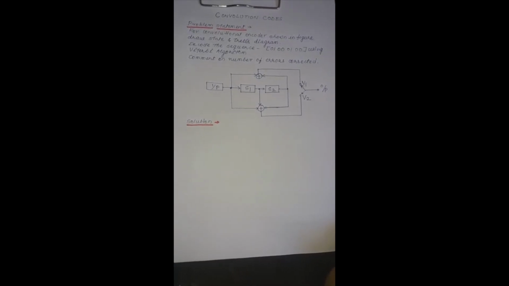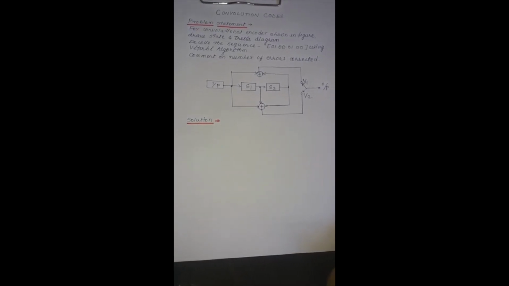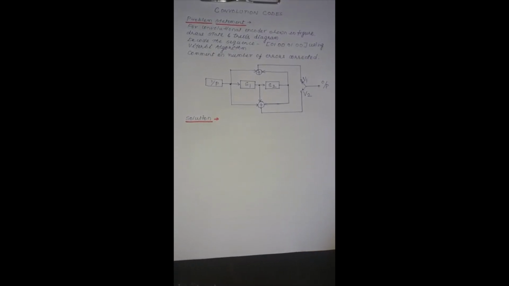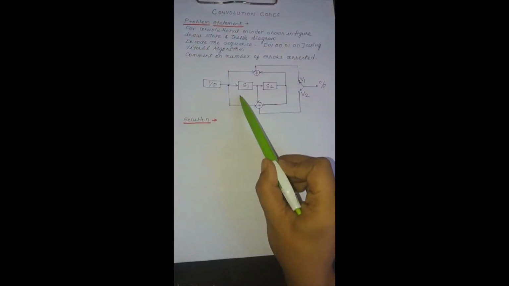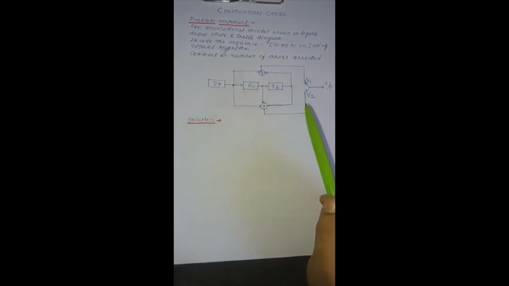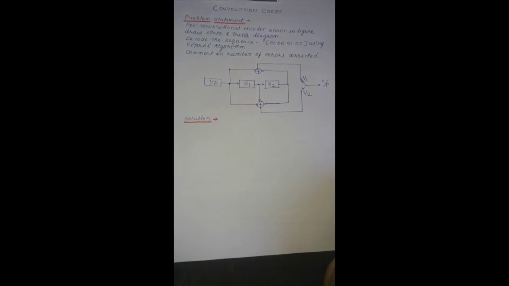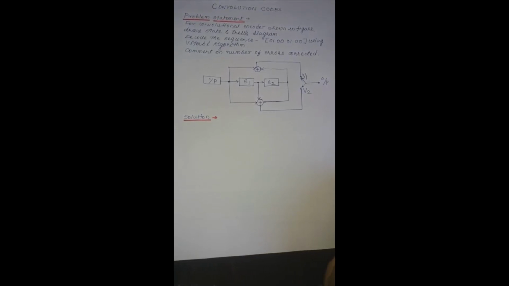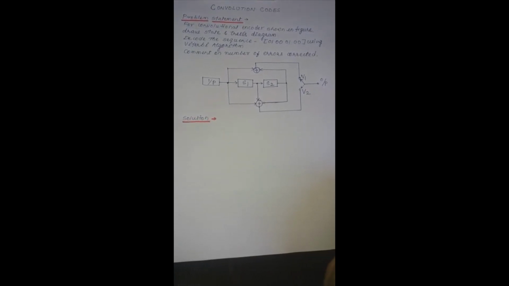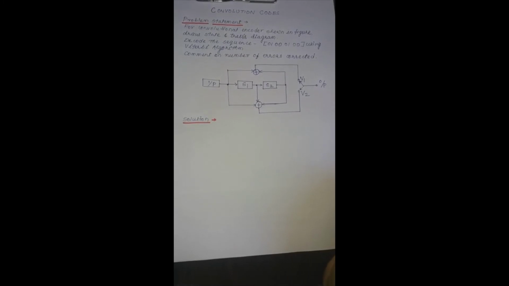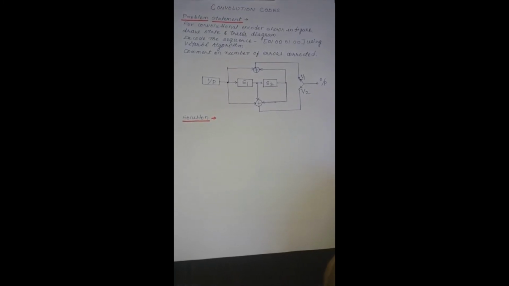Before solving the numerical, let's understand the problem statement. For the convolutional encoder shown in the figure, draw the state and trellis diagram. Decode the sequence 01000100 using Viterbi algorithm and comment on number of errors corrected.